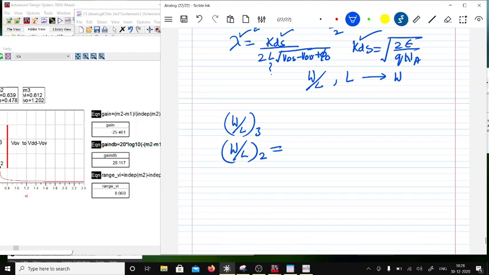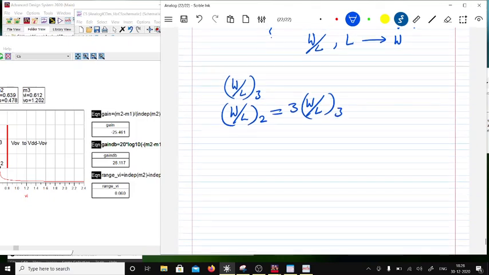So if the mobility is like 1/3 for a PMOS transistor, it will be 3 times of W by L3, correct? So now you have that second transistor figured out, and you choose the L to be the same, L3 should be same as L2, so you will have W3 and W2 figured out.